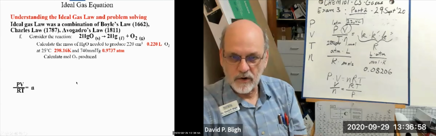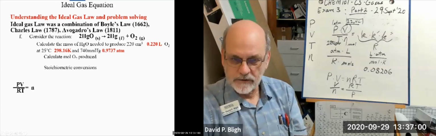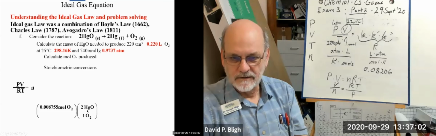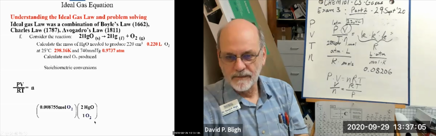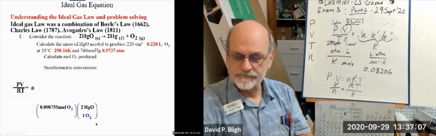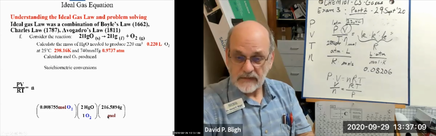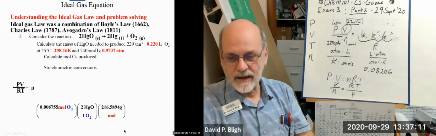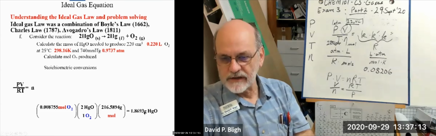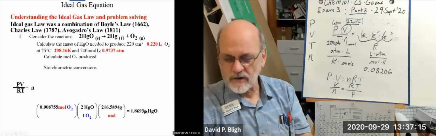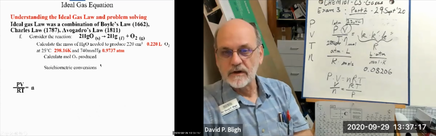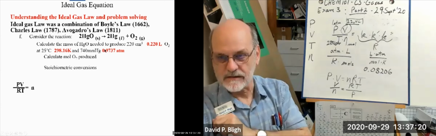You got the number of mercury 2 oxide moles. There's your ratio. We're going back to stoichiometry again. And this converts from moles to grams. And there you have 1.8693 grams mercury 2 oxide required to produce these conditions for that gas.